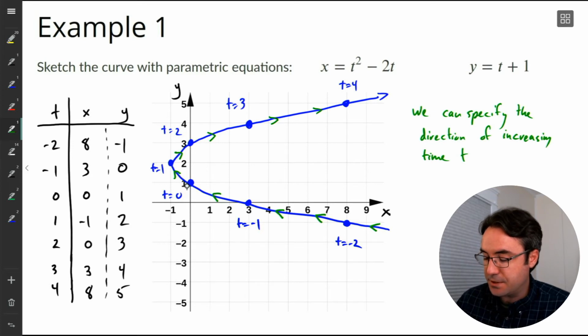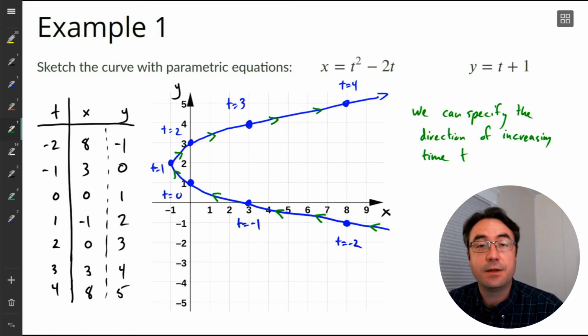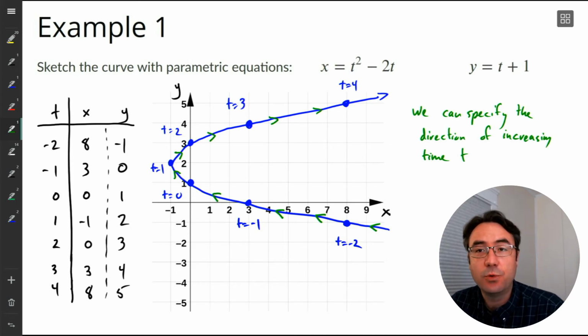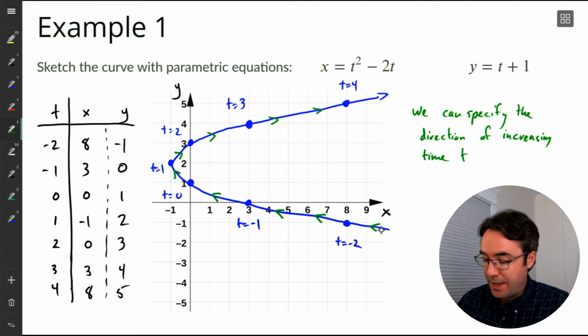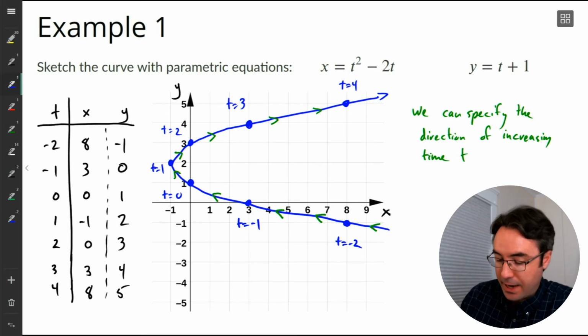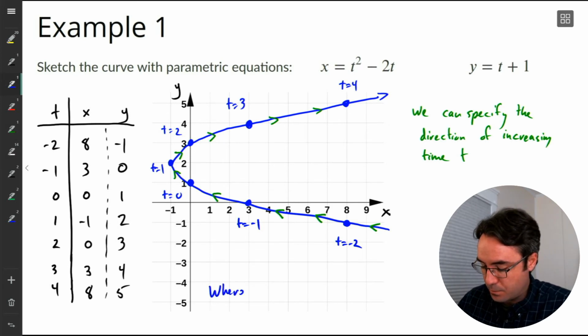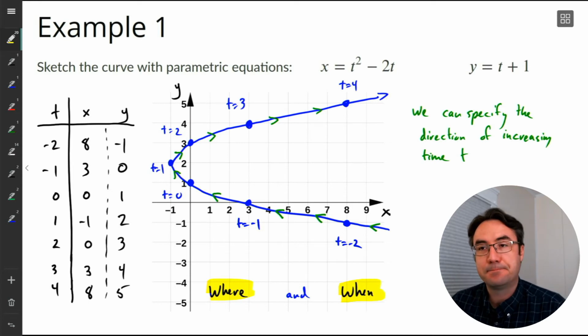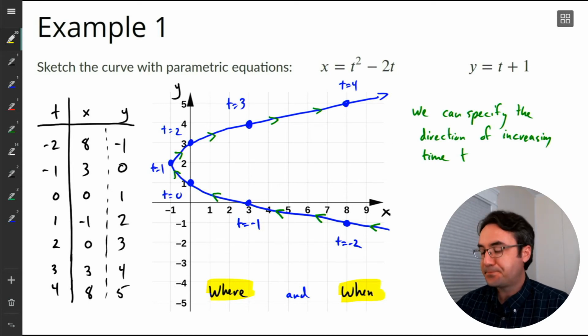So as t increases, we're tracing out this curve in this direction. And again, think of it like a particle that's just moving around in the xy plane. We have our location, but then we also have information about when we're at that location. So think where and when. So parametric curves, they give you the where, but they also give you a when.